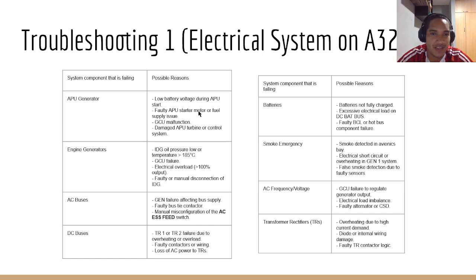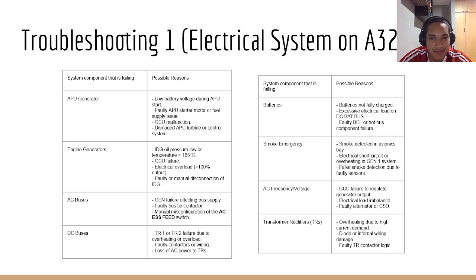Or it could be the APU starter motor, or a fuel supply issue, or a GCU malfunction, because the GCU permits the function of the generators in the engines and the APU too. Or a damaged APU turbine or control system. It could be FOD, or a bird could damage the blades of the APU and cause the APU to malfunction too.